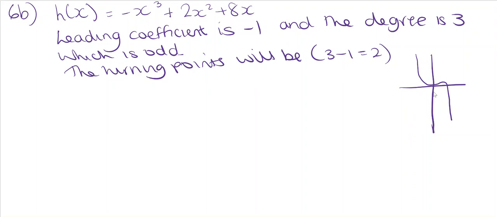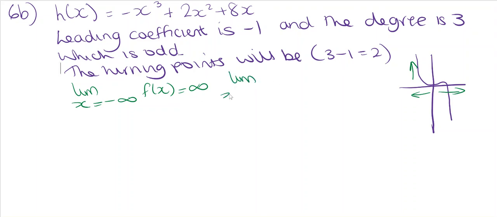So we know that we can see the limit as x approaches negative infinity, f of x will approach infinity, and then as x approaches infinity, f of x is going to be approaching negative infinity.